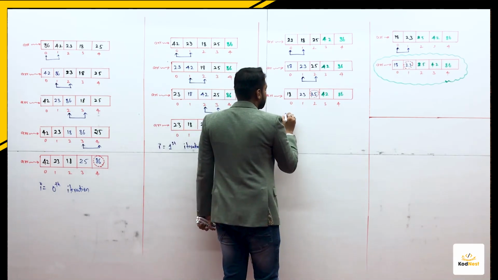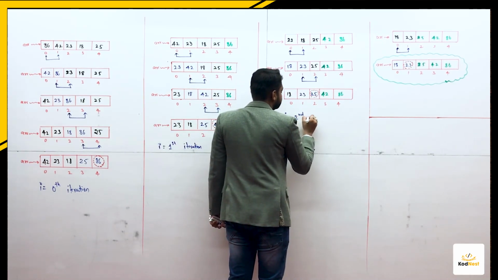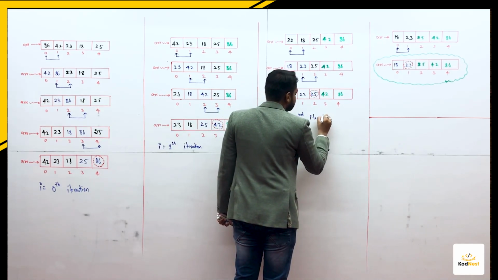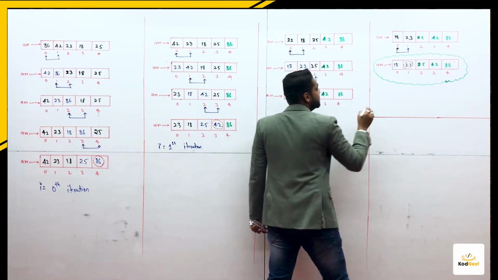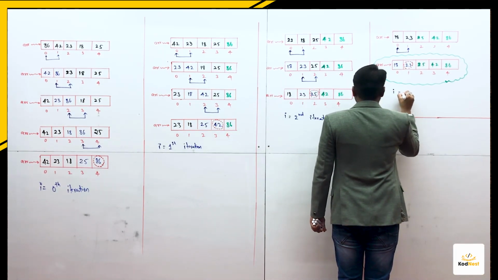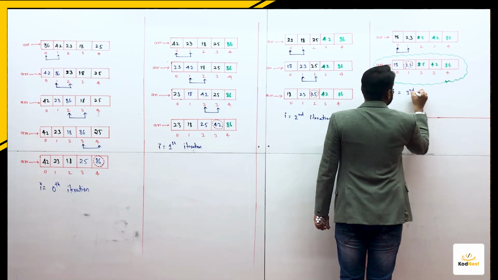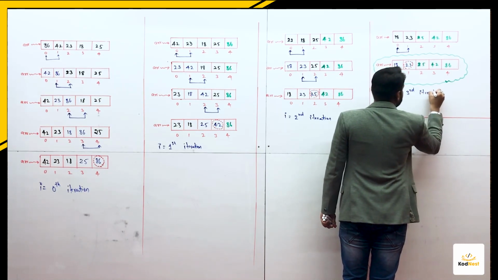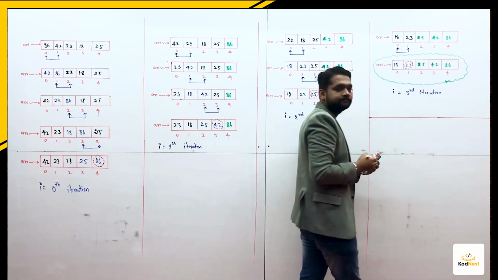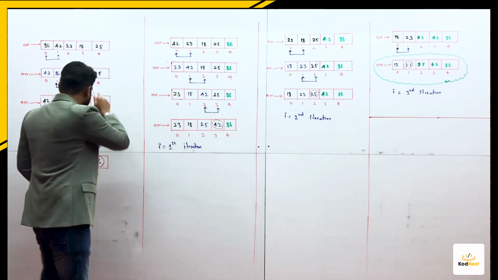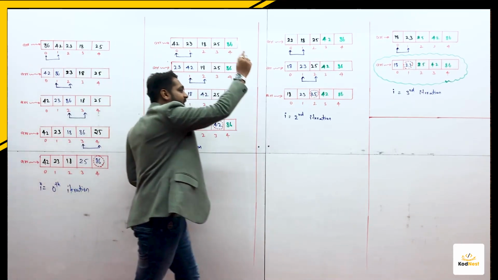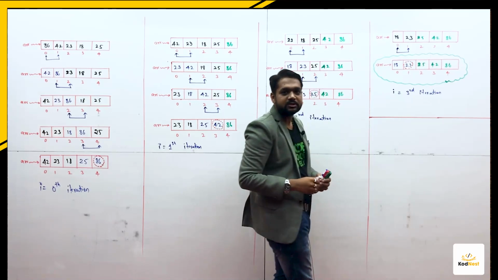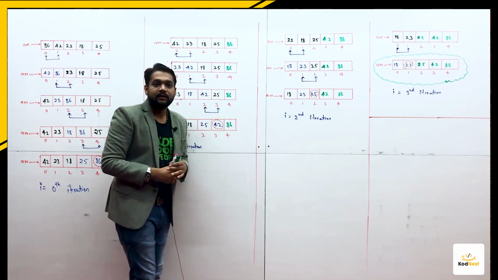This is the second iteration. This is the third iteration. Zeroth iteration, first iteration, second iteration, third iteration. Say supposing I am counting like that.